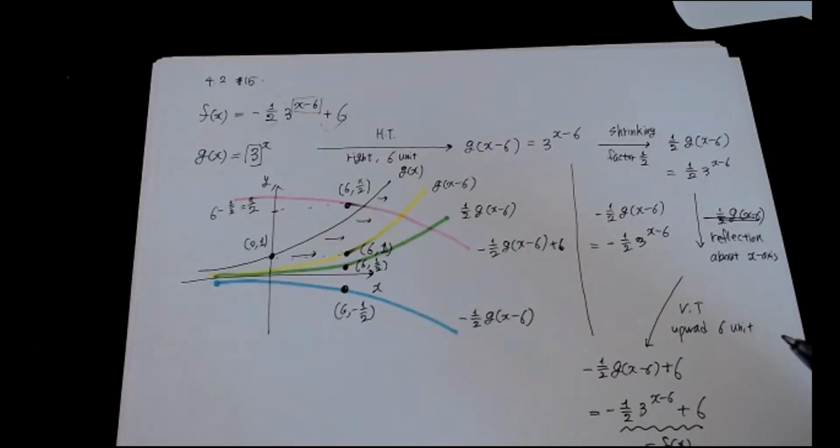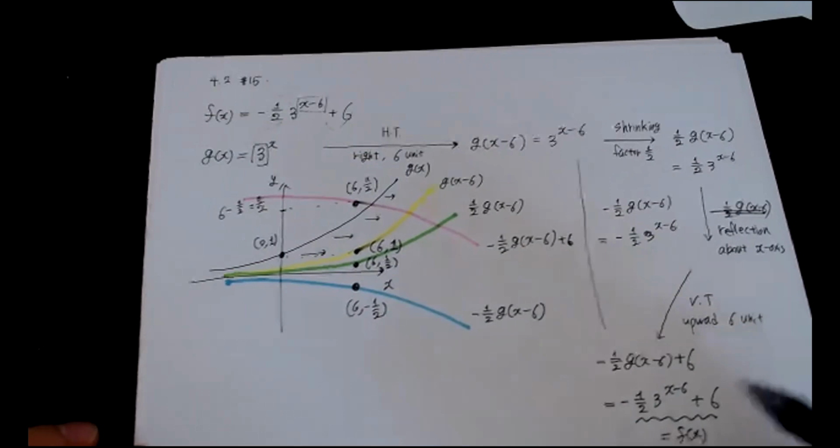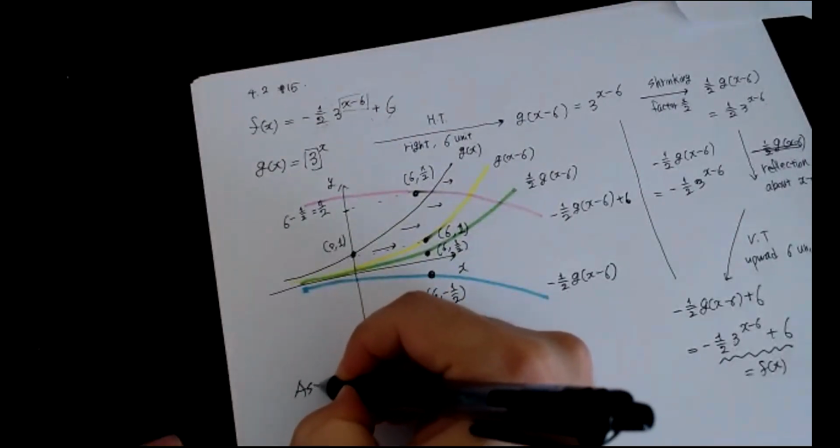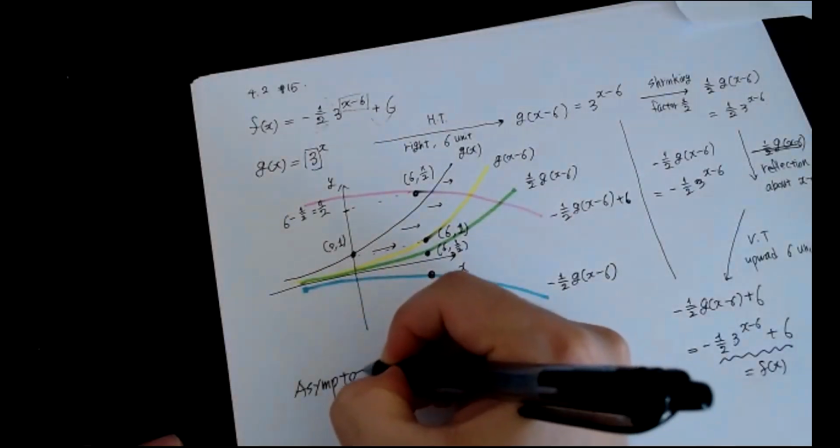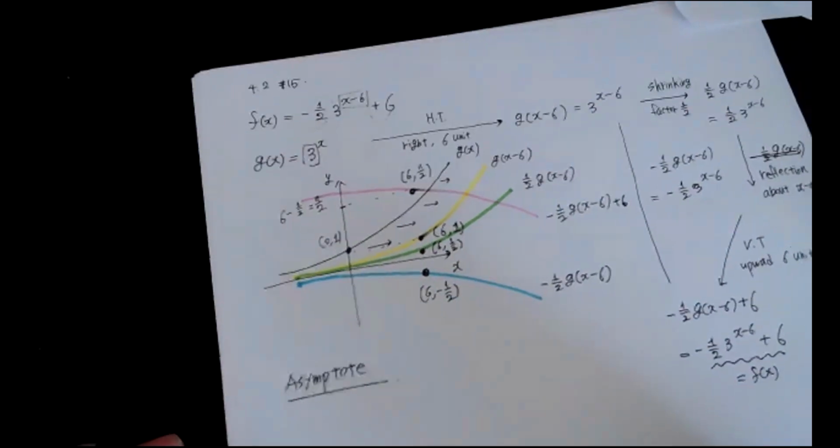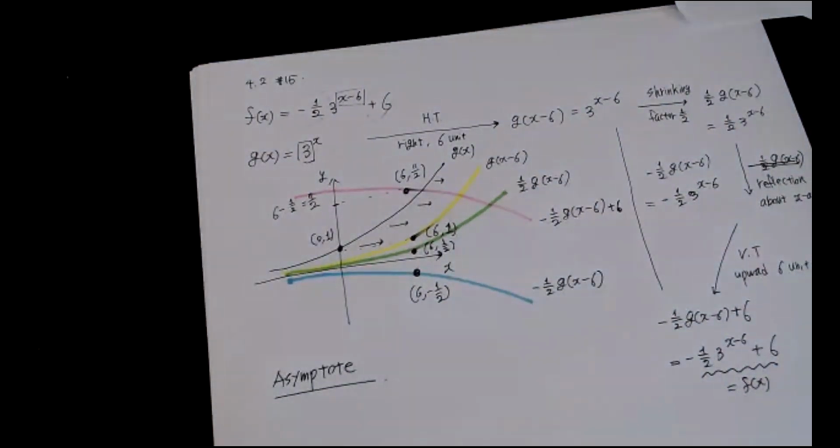But the thing is the range. To figure out the range, you need to understand a new terminology, asymptote. What's an asymptote? An asymptote is a straight line, which could be a vertical line, a horizontal line, or a slant line.